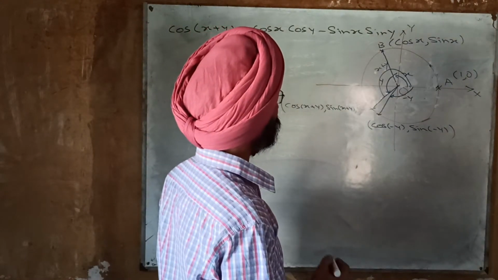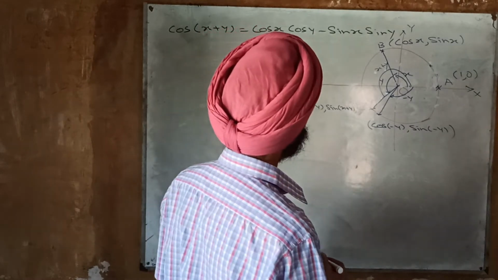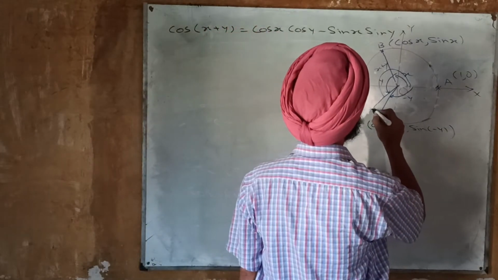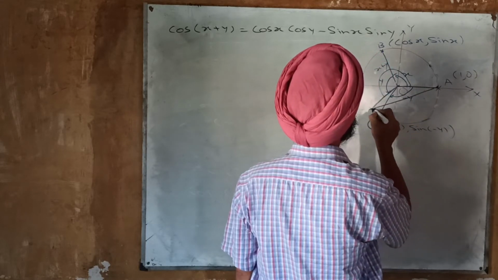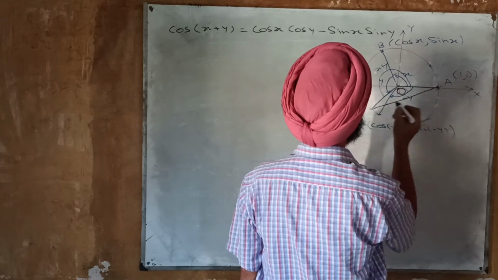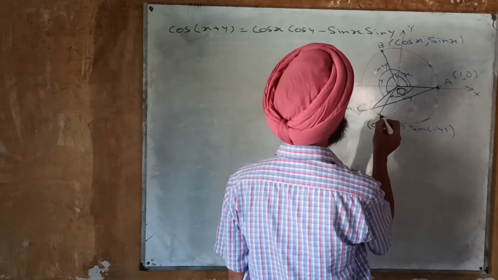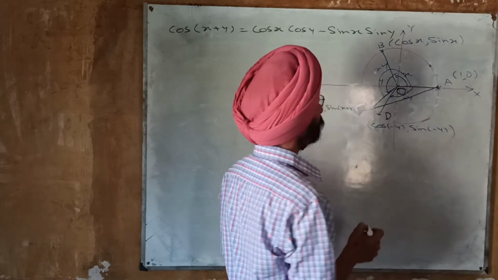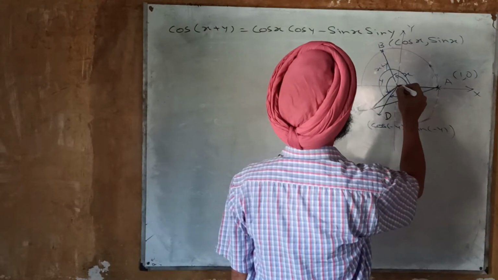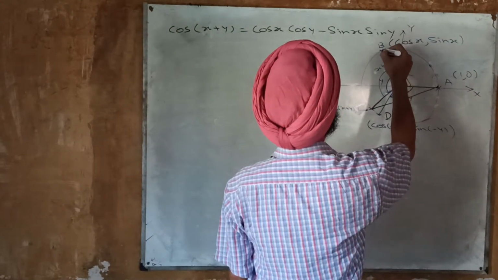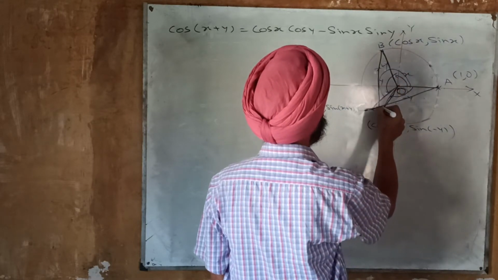I am considering two triangles. So what are the two triangles? One triangle I am taking is this: O, A, and this is the point C. And this is the point I am taking D. O, A, C. Also consider the triangle OB, OC, and join BD.